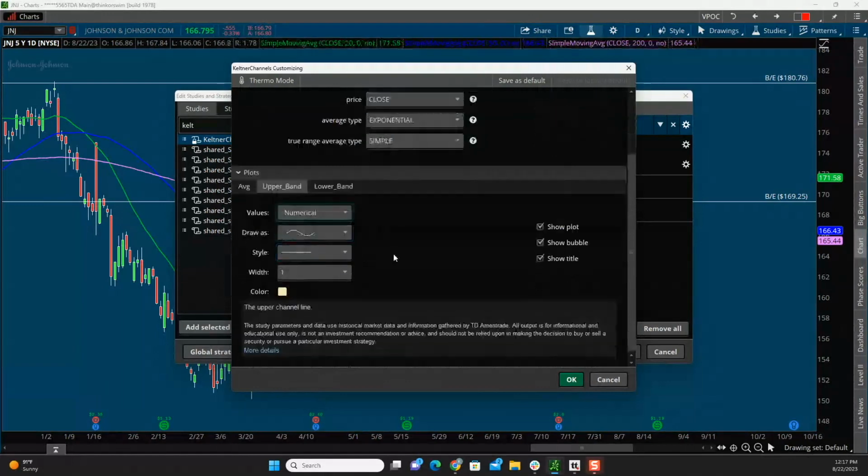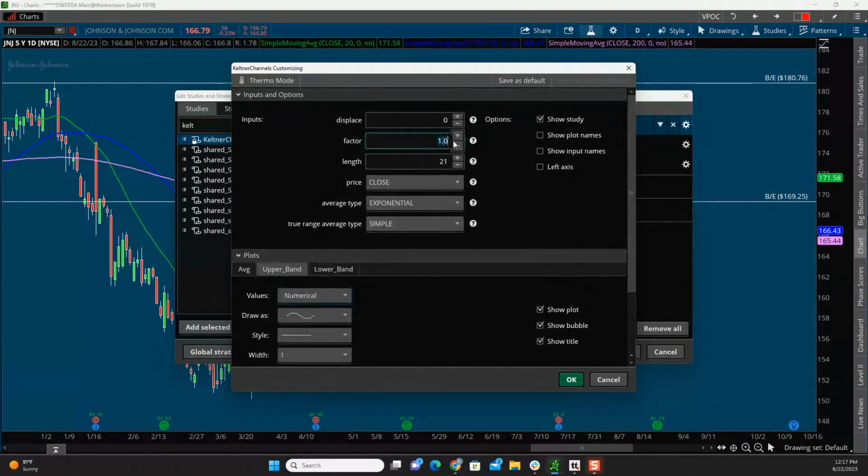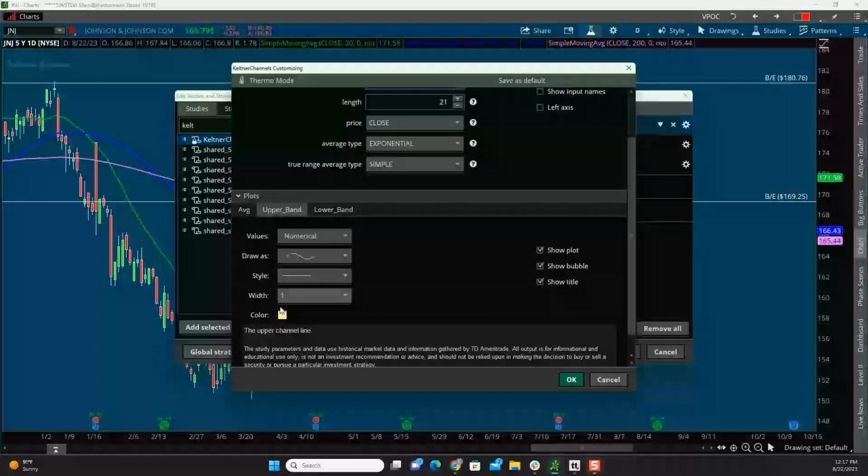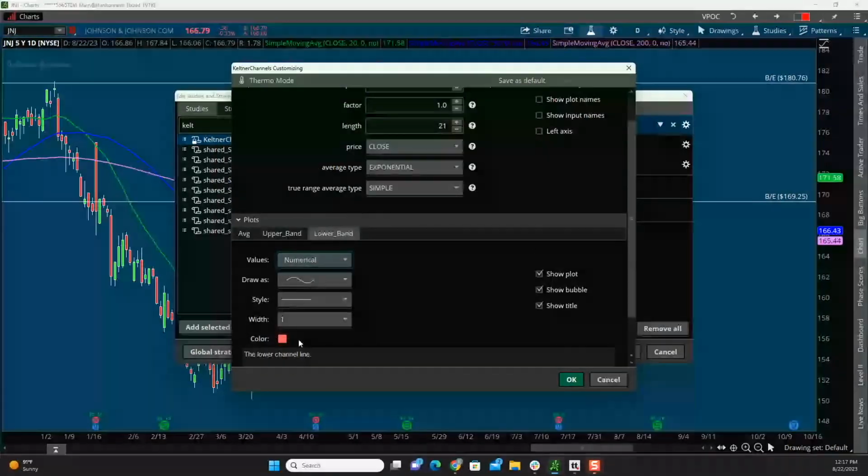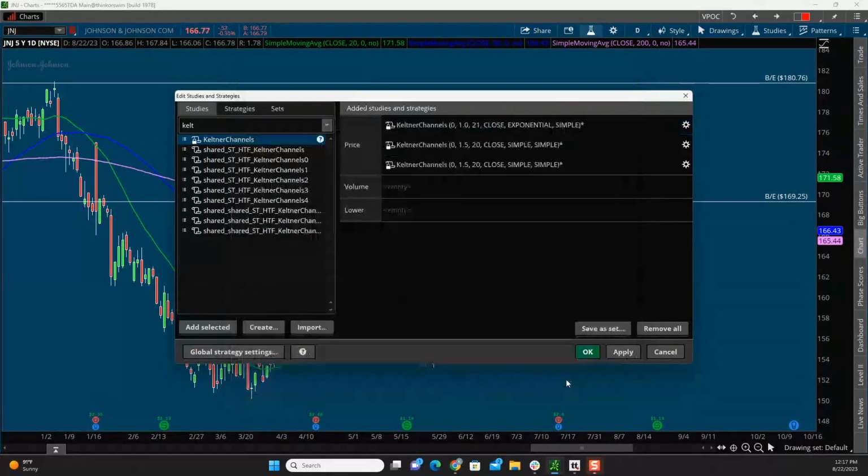For the upper band, since this is my 1 factor, that is the 1 ATR, I like this one to be blue, because to me it makes sense: it's cold, the price action hasn't expanded too far. So that's the 1 ATR band.